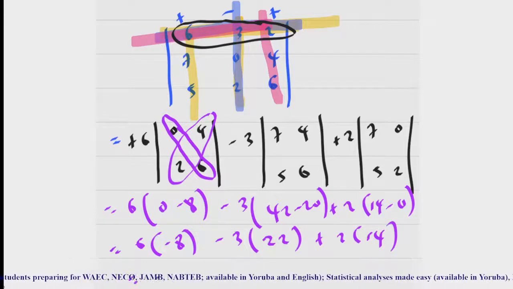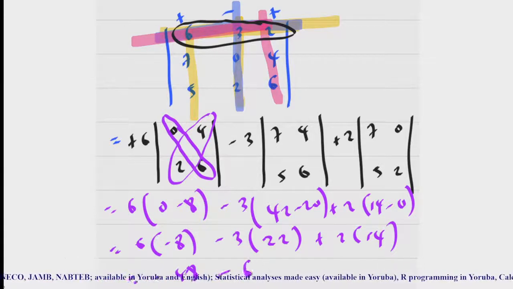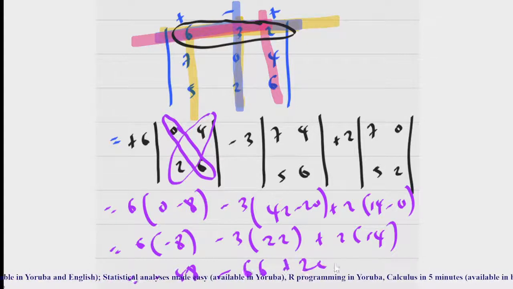If you multiply it together, this is going to give you minus 48 minus 66 plus 24. So minus 48 minus 66 will give me minus 114, plus 24. That's going to give you negative 90, if we don't make a mistake.